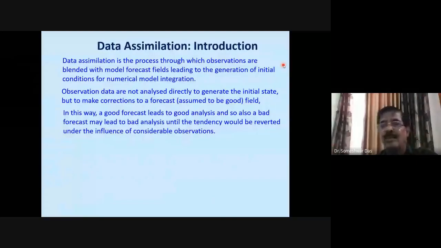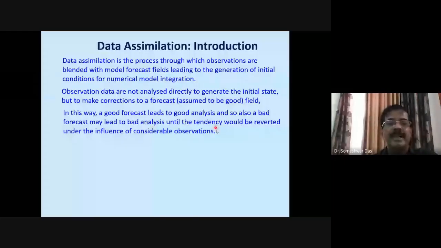After 12 hours, you have another set of observations, which may be good, further better, and like that. So till good observations enter the system, your analysis will remain bad and it will slowly keep improving, right? So it will lead to a bad analysis until the tendency is reverted under the influence of considerable or good observations. Okay.